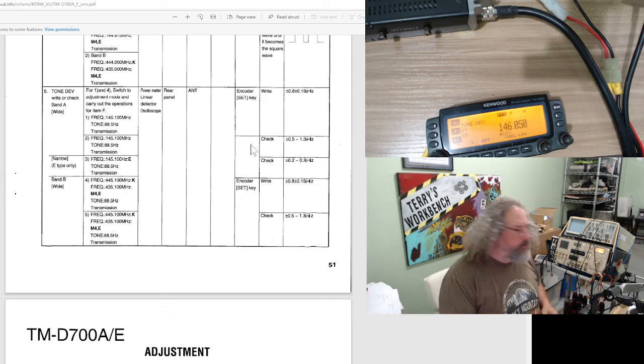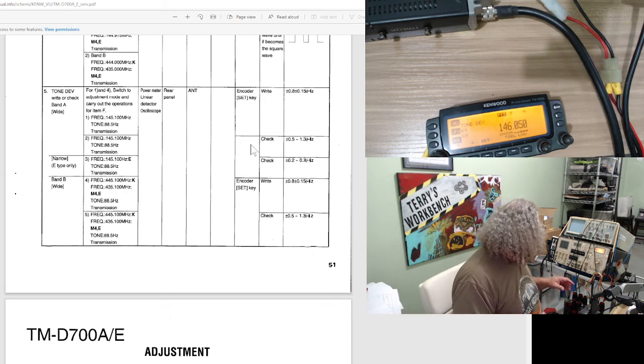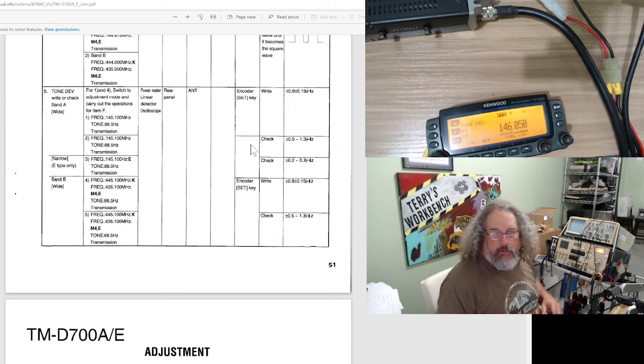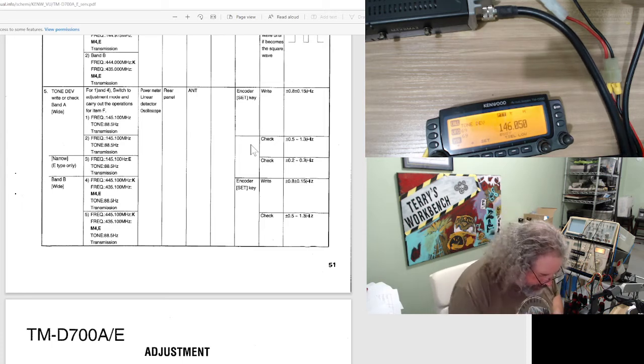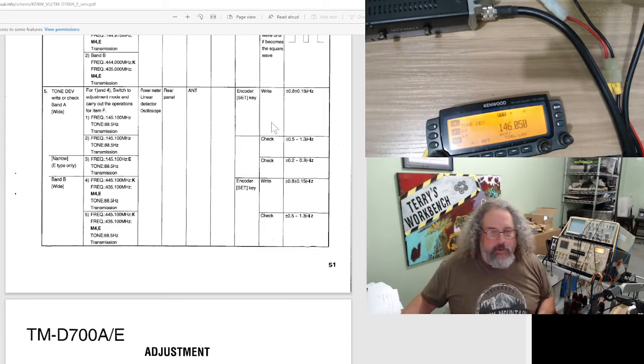And yeah, let's see, what's the tone? Sub-audible tone. 88.5. Yeah, it's generating the correct frequency. All that's good.